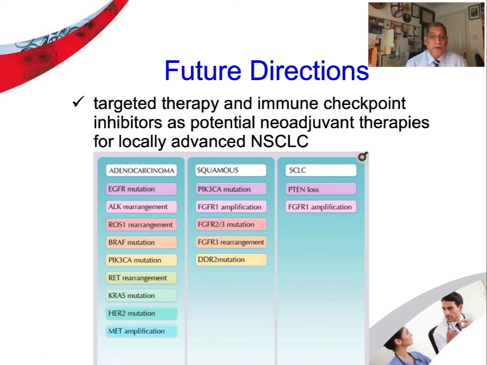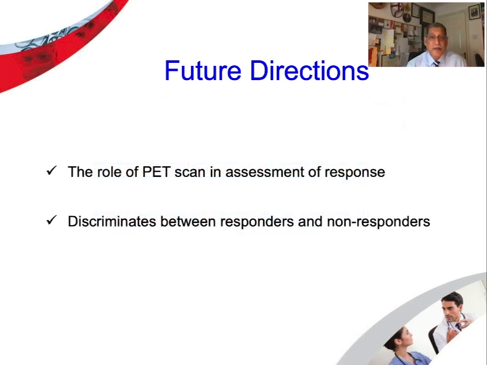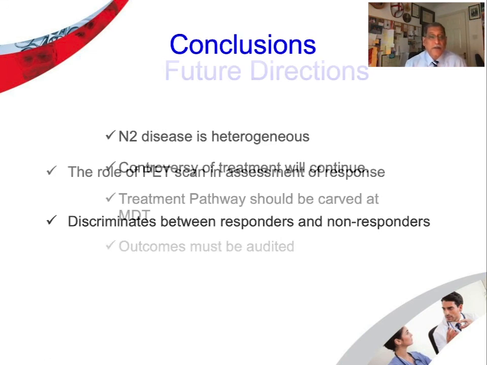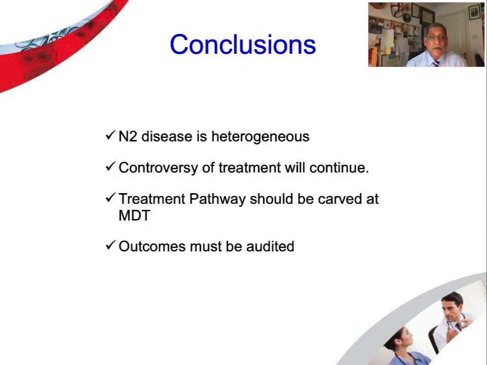The future use of PET is already changing. Its use has become extensive in assessment of response to chemotherapeutic agents and targeted therapy. This allows the use of second-line and third-line therapies if there has been no response, etc. So, in final conclusion, the N2 disease is quite heterogeneous, and this is the main reason for controversy about how to treat it.